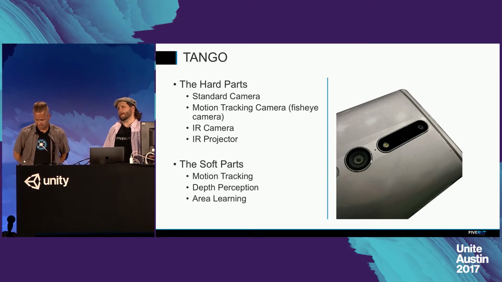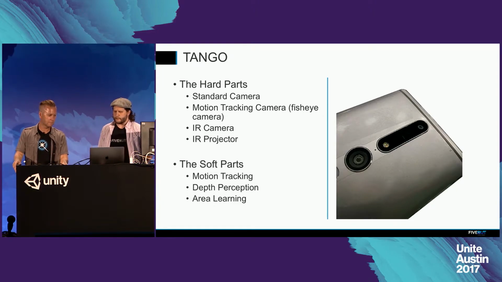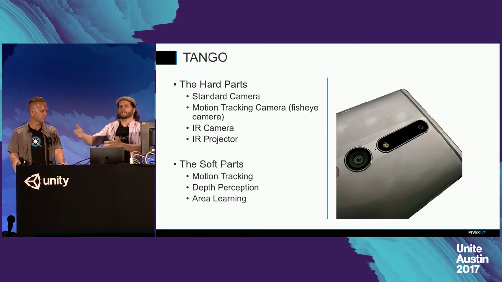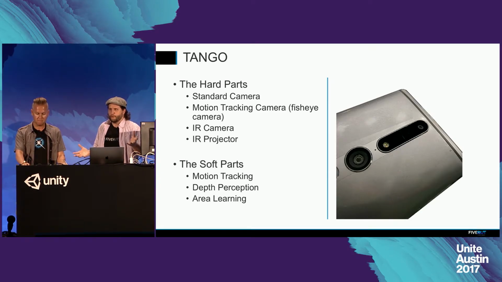There's also the infrared camera and the infrared projector or emitter, which are both used together to gauge depth with a structured light array. And basically you get a bunch of infrared dots that are projected out, and based upon the size of those, as they bounce off of objects, you can gauge things, or what's called time of flight, measuring based off the speed of light, as it travels from the phone and back to the phone and is picked up, you can gauge where and how far things are in reality. This is really, really powerful, right?